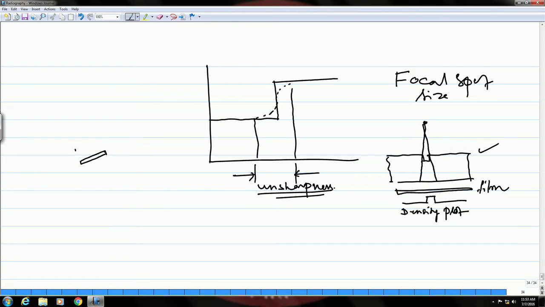Okay. So, this is the spot size f. So, it has multiple points because it has a certain size. So, if you now take the same object and image it using this particular source, which is not a point source, then it will look like this.